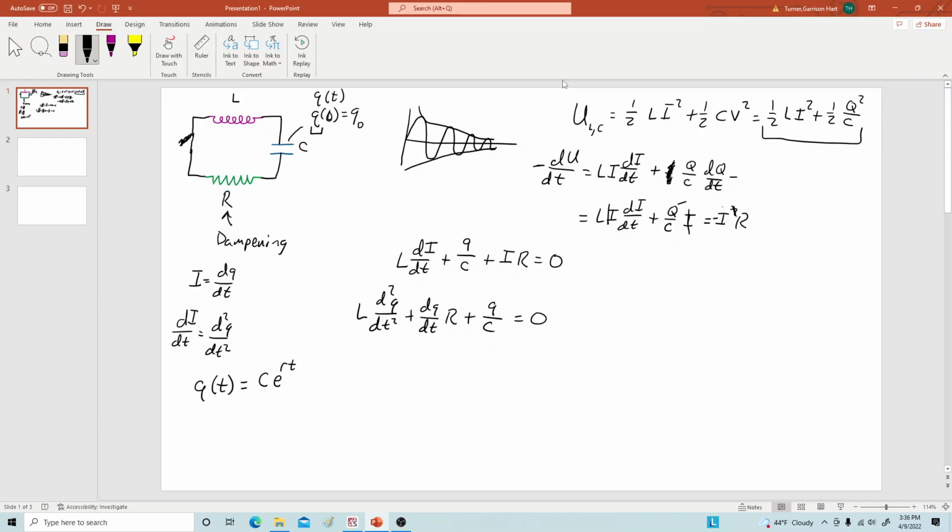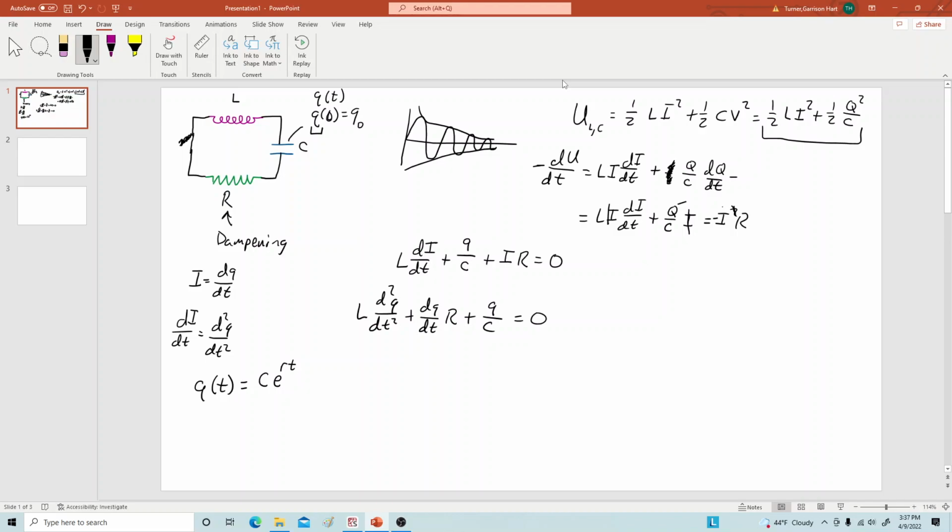Now we don't have to worry about what that means right now. But r is just a number that I want to solve for. Okay, r is just a parameter that I want to solve for. And if I can write my solution down in this form, then all I have to do is find r and evaluate the constant, and I've got my solution.